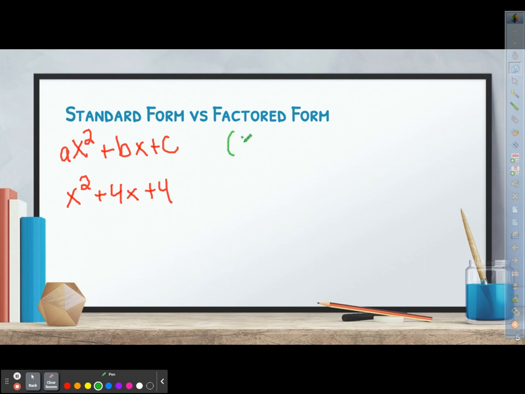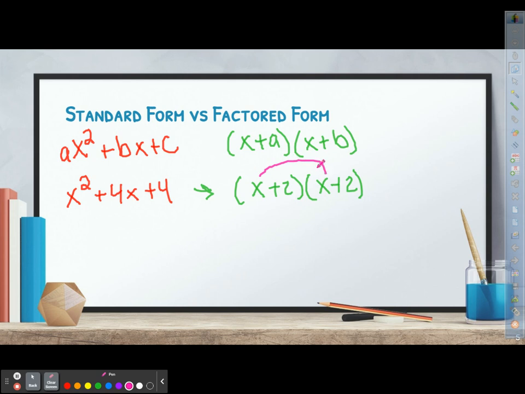Factored form is x plus a times x plus b. So this in standard form would look like this in factored form. These are the exact same expression. One's in standard, one's in factored. And you could multiply this out just to make sure that it would look the same.